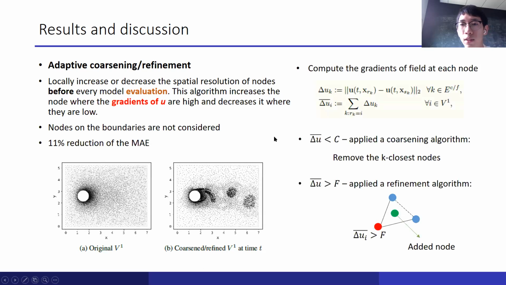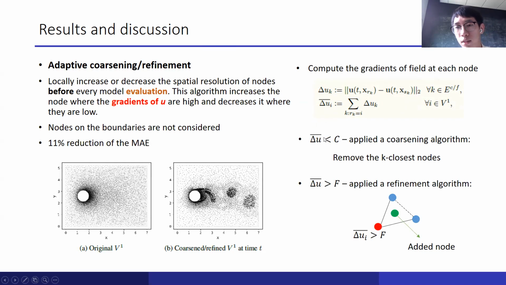In particular, they compute the gradients of the field at each node by using this equation. You first compute the difference between the node and its neighbors, and then average all the differences to obtain the gradient of each node.